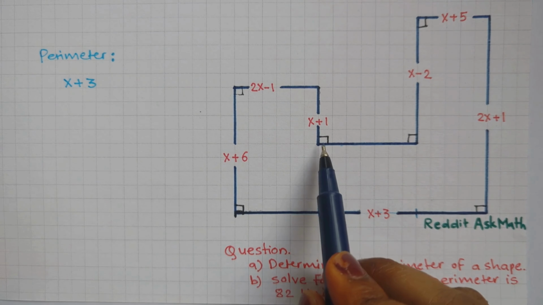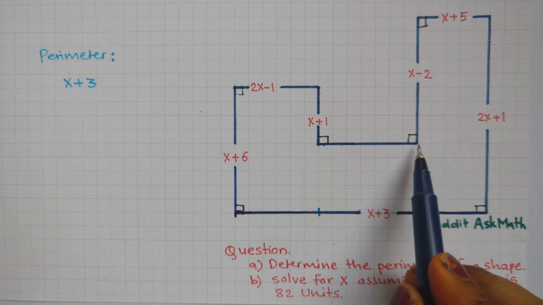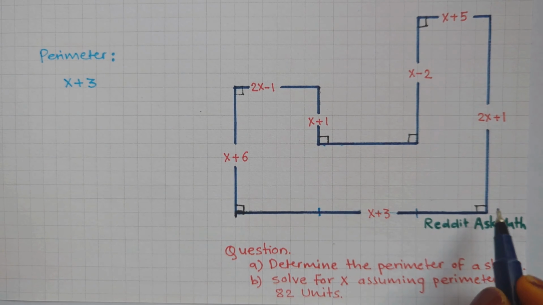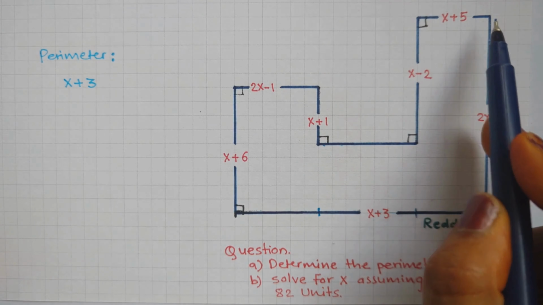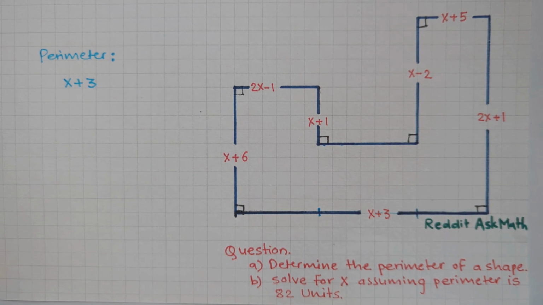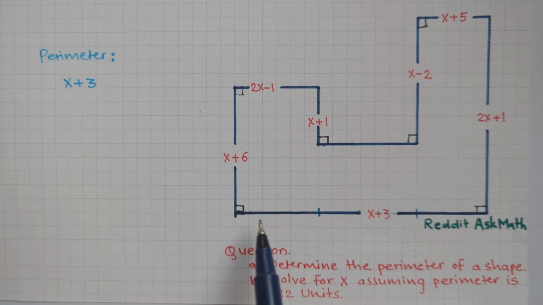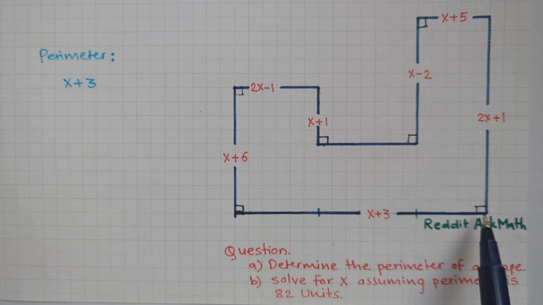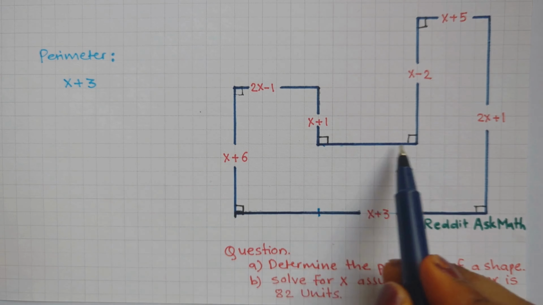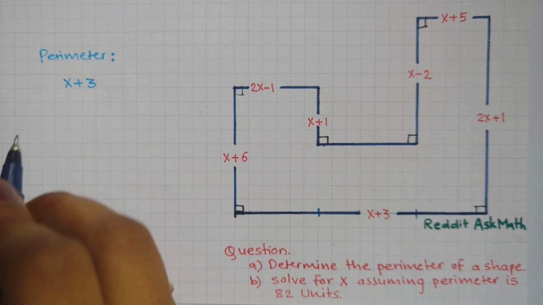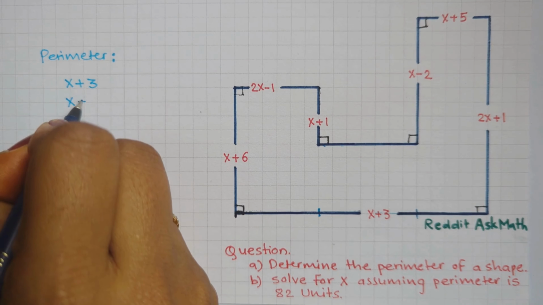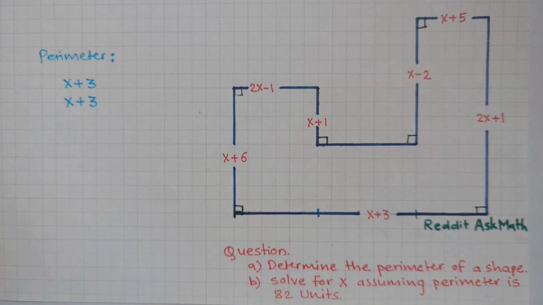Then the second one should be the missing length of this part, and the third part should be nothing but this x plus 5. So instead of going into any equations and calculations, we can simply say that this x plus 3 should be the addition of these 3 parts. That's why the next line should also be 3.